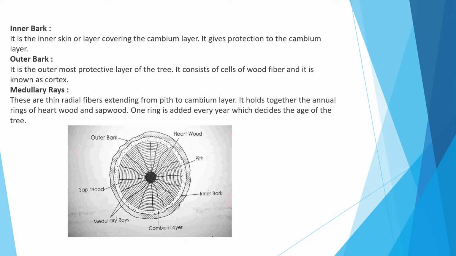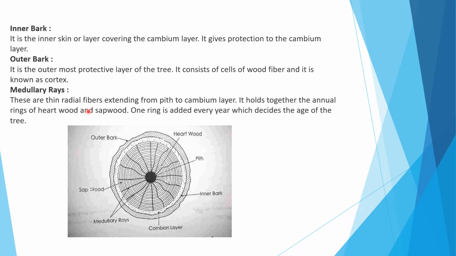Next, inner bark. It is the inner skin layer covering the cambium layer. It gives protection to the cambium layer. Outer bark. It is the outermost protective layer of the tree. It consists of cells, wood fiber, and it is known as cortex. Medullary rays.